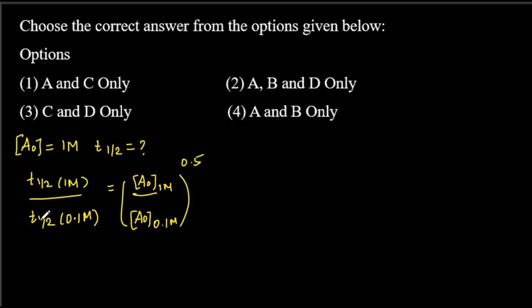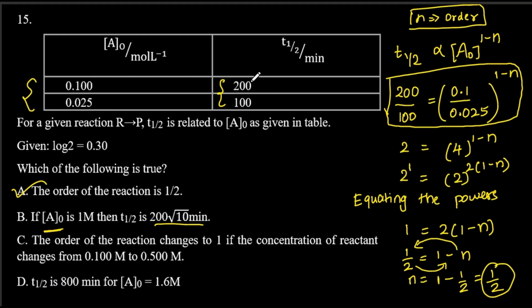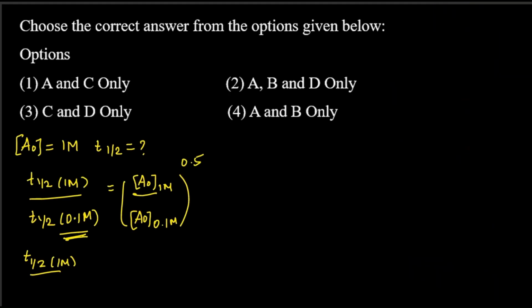So let us substitute the values. The numerator is T half when the concentration is 1 M, divided by T half when it is 0.1, which is 200. So divided by 200 equal to 1 divided by 0.1 whole power 1 by 2.